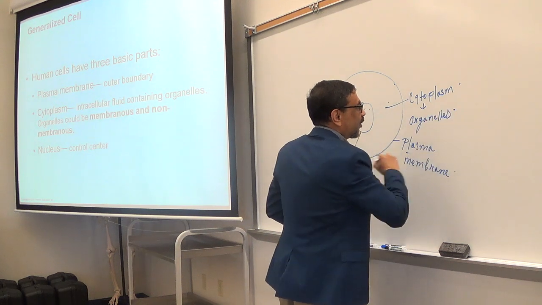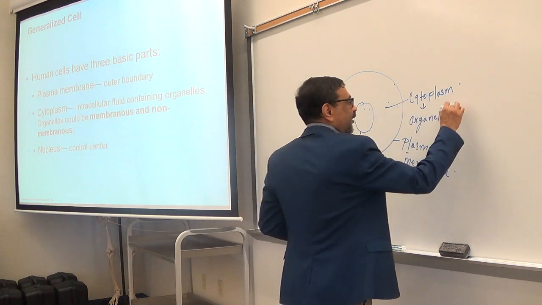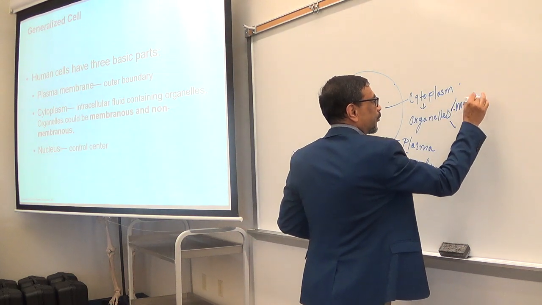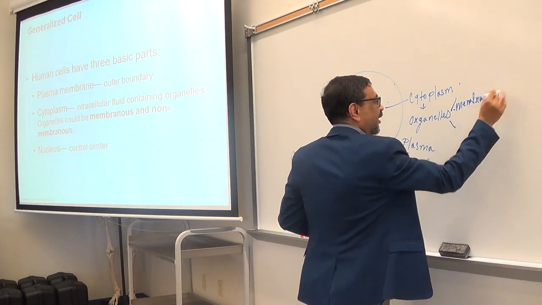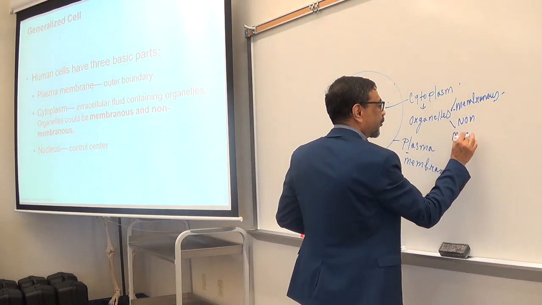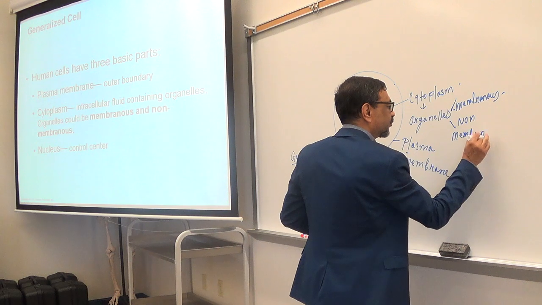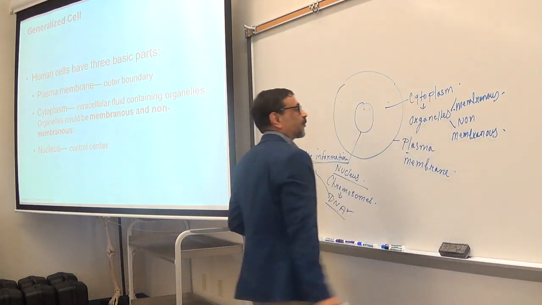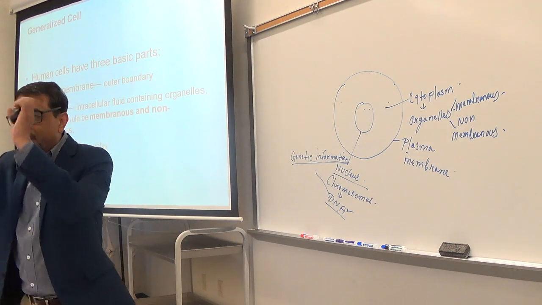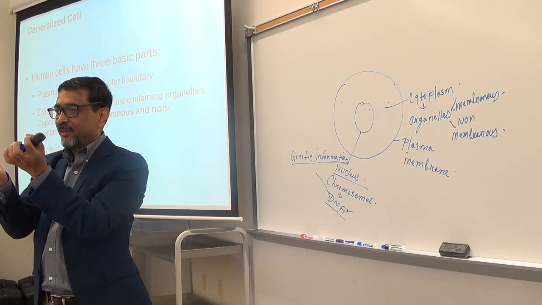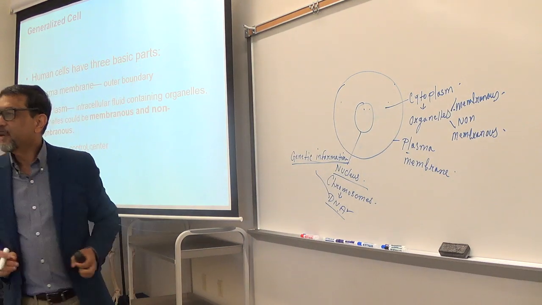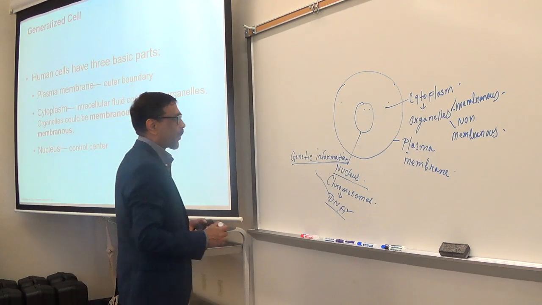Okay? Now, organelles could be 2 types: membranous and non-membranous. Okay? Simple. Membranous organelles have covering, right? Membrane, and non-membranous don't have membrane or covering.